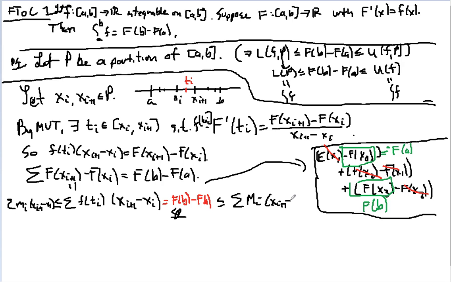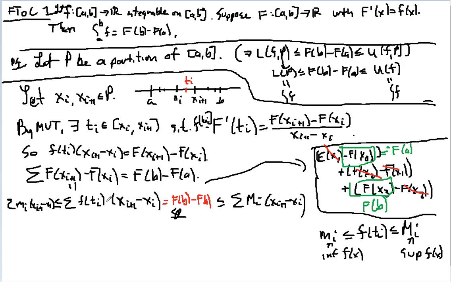This is because it's always going to be true that f of t_i is between the smallest value of little f and the biggest value of little f. This is the inf of f(x) on the interval, and this is the sup of f(x) on the interval. That just has to be true.